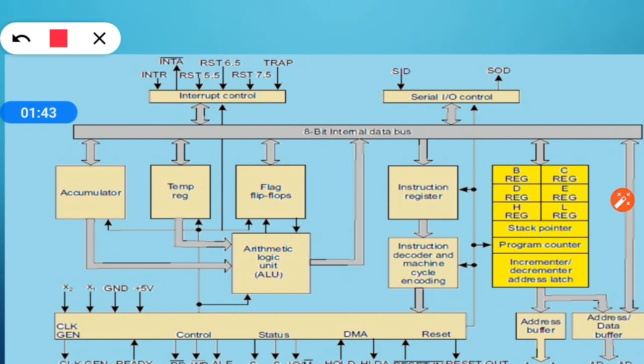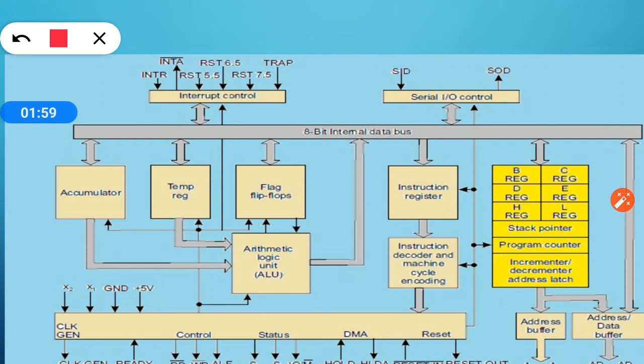As we know, for performing any kind of operation, we will take the example of addition. If I want to do addition, I require at least two numbers, right?